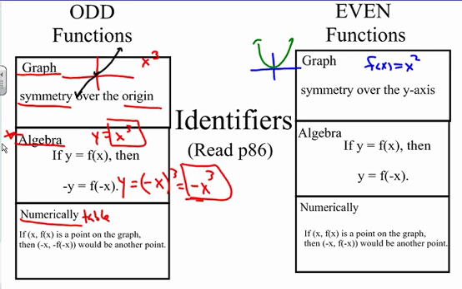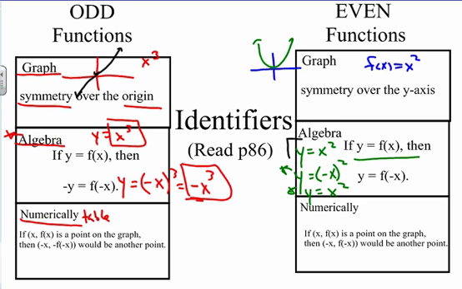Now, with algebra, unlike the odd functions, if we have y equals f of x, so y equals x squared, and I plug a negative x into this even function, I should get out the same value as if I plugged in the positive. Nothing changes. Negative x times negative x, which makes negative x squared, turns out to be just positive x squared, the same as the original function we started with.